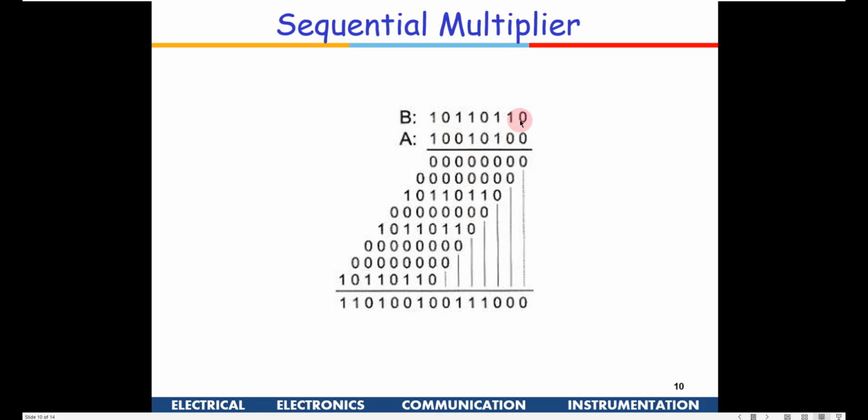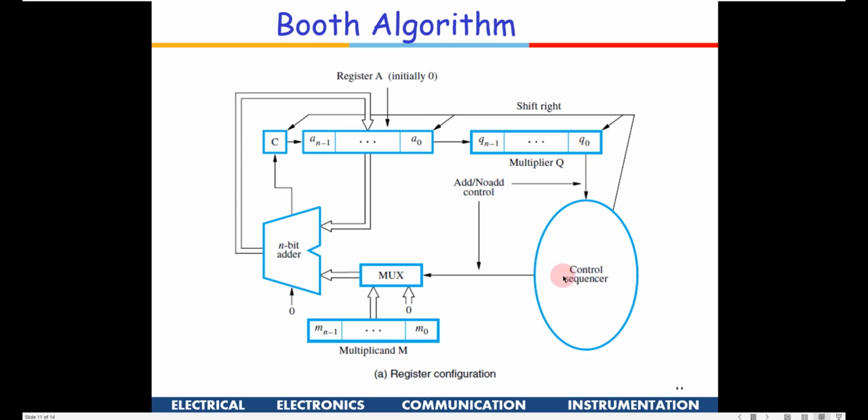That is one thing. And after every addition, I move the data towards the right, so whatever was the result of the old data, I move towards the right. So this is known as a sequential multiplier. So how it can be realized in hardware is like this.